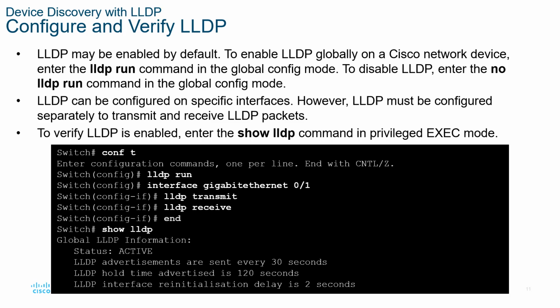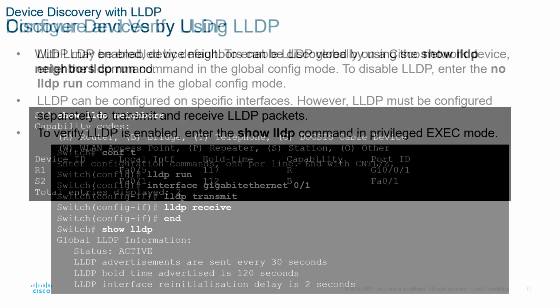If we want to configure specific interfaces, we have to configure both transmit and receive sections separately. We do that by navigating to the interface and entering lldp transmit and lldp receive, and that ensures our transmission and our receiving. They are these commands right here underneath our interface.